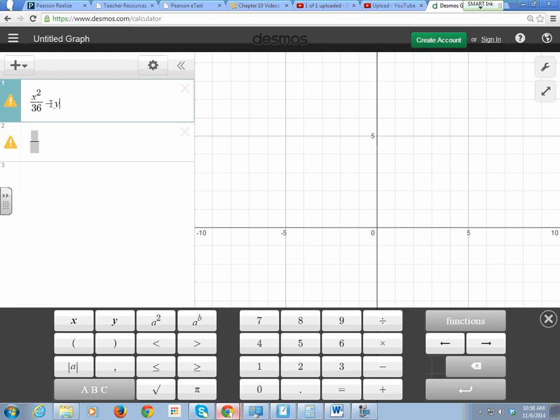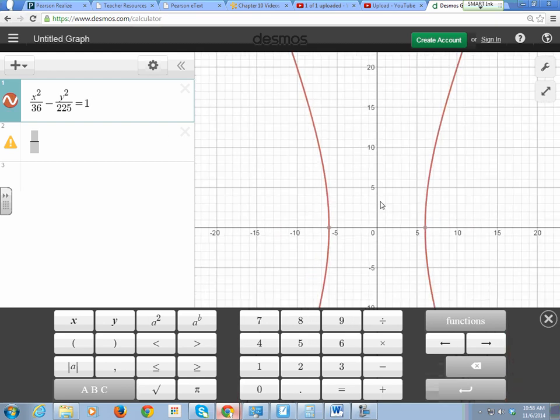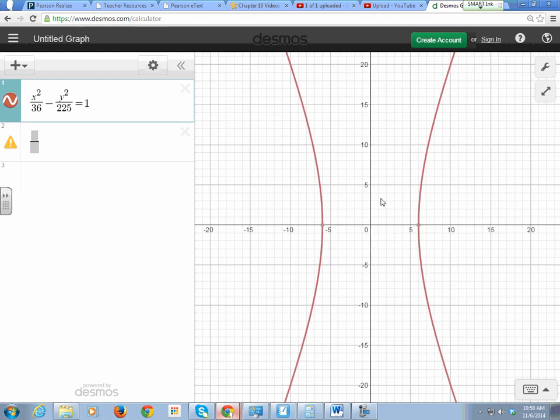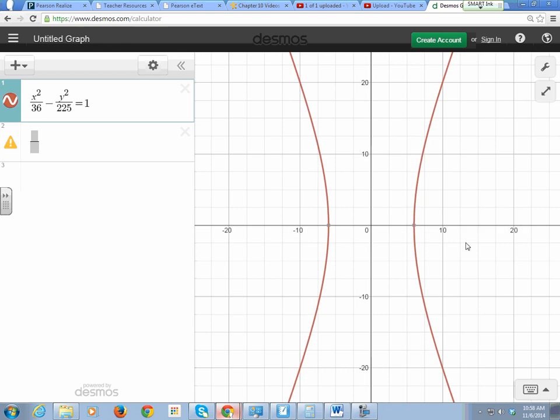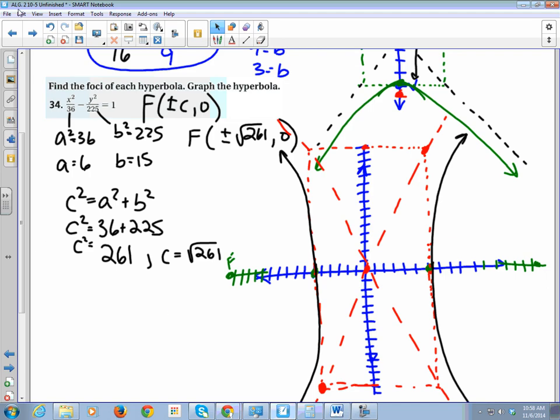Minus y squared. We look, we are going in the right direction. It's super wide. Awesome. Phew, got that right. Okay, and that's hyperbolas for you.